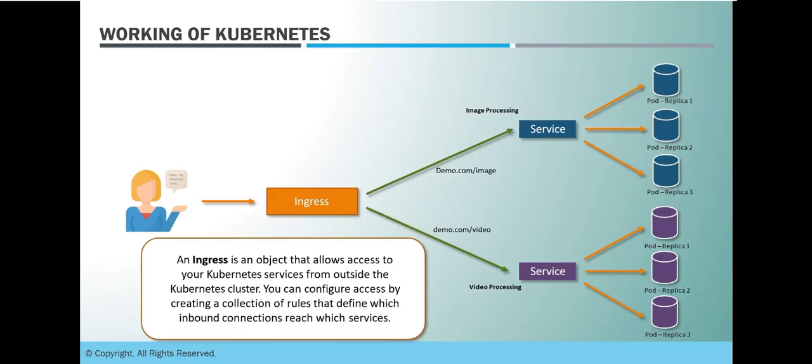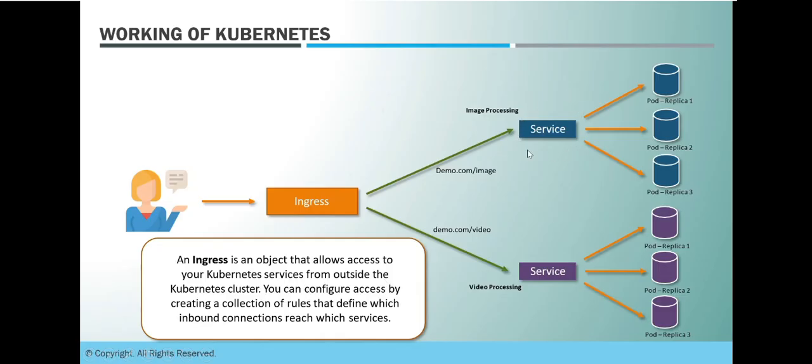Ingress is a very niche term in Kubernetes in terms of implementation. Many people fail to understand the concept of ingress, what it is. So let's understand what ingress is. An ingress is an object that allows access to your Kubernetes services from outside the Kubernetes cluster.